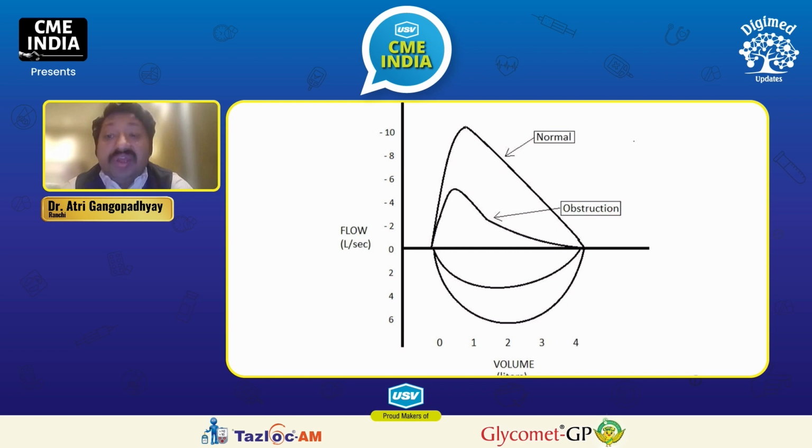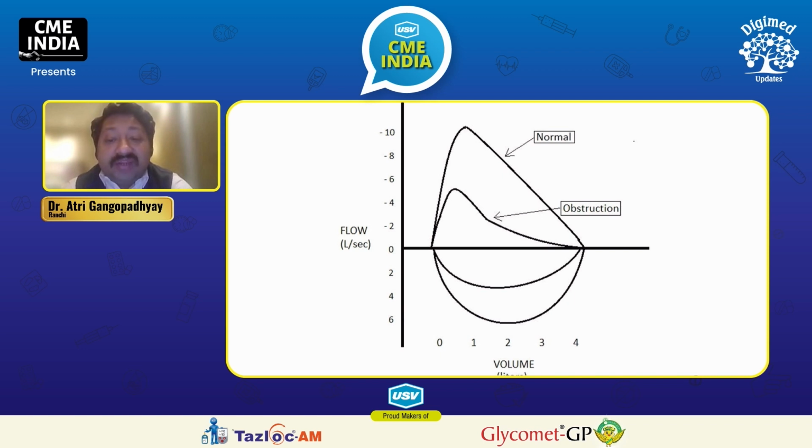So you need not memorize any value to tell whether the person is suffering from obstruction. You just need to look at the curve. If the curve hits the top portion much less than normal, less than 80%, and if there is this concavity, coved out portion in the descent, then you can say this person is suffering from obstruction.